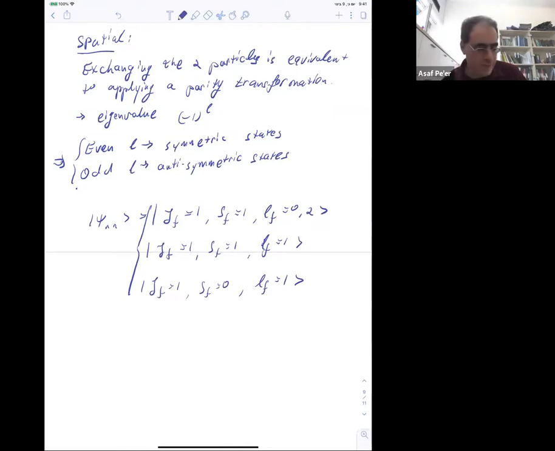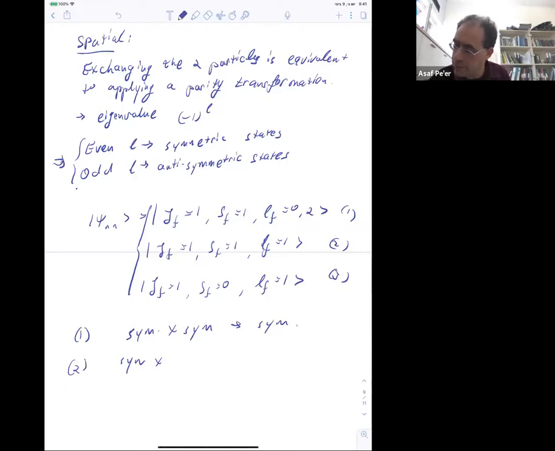So symmetric times symmetric is symmetric. Second option, S equal to 1, which is symmetric, times L equal to 1, which is anti-symmetric.